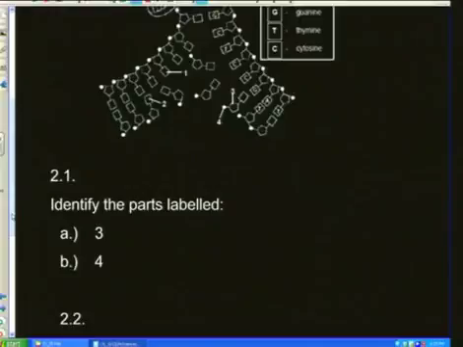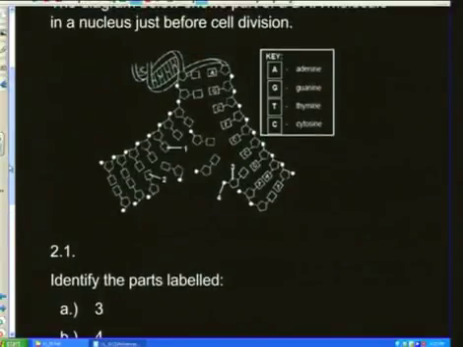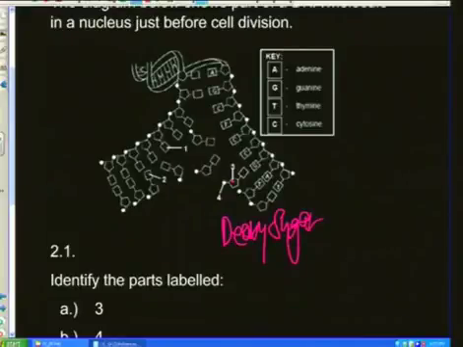Notice the overlap now from what we just did. Although this question is dealing with something else, it's still dealing with the structure as well. Let's go to 3 and 4. There's our 3 there. That would be the deoxyribose sugar. And 4 there is the phosphate.